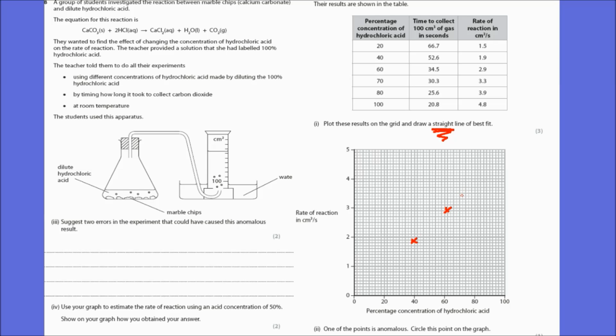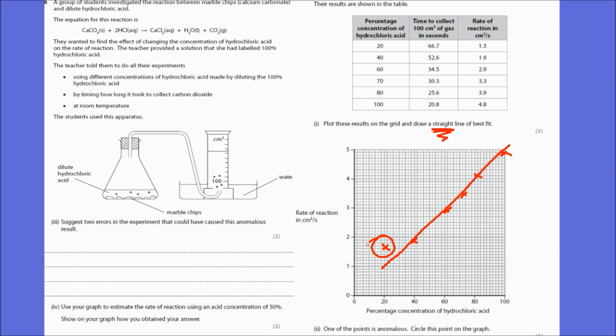But if you draw the graph accurately yourself, what you'll notice is the point at 20 doesn't quite fit on our straight line. So it's the point at 20 which is anomalous. The points might not be quite in the right place, but I'm doing this very quickly.